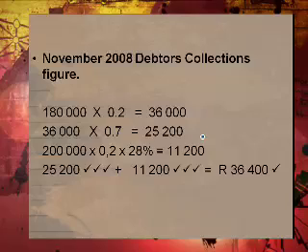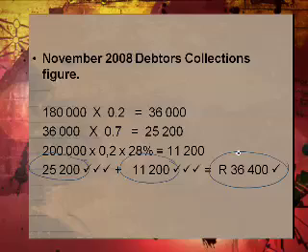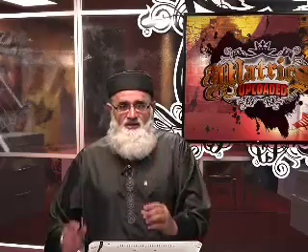Therefore, my total expected receipt from my debtors will be the 25,200 plus the 11,200 to give me my final figure of 36,400. Guys, remember, debtors collection, credit sales figure.